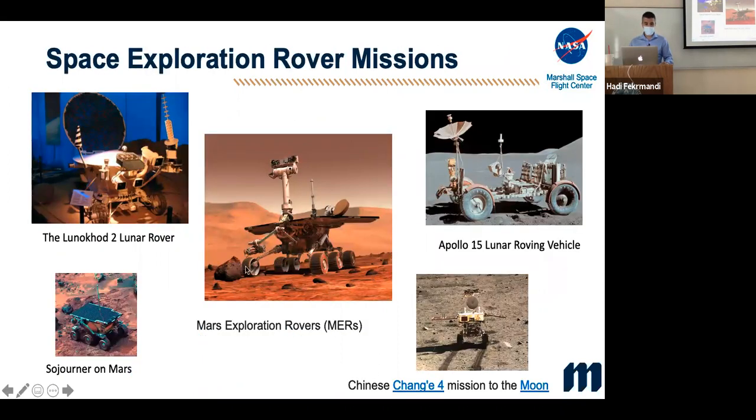The history of the rovers that have been to space, not just the Moon but Mars and the Moon overall. There have been autonomous rovers like Curiosity, the most recent one, Perseverance, which was launched in 2020.